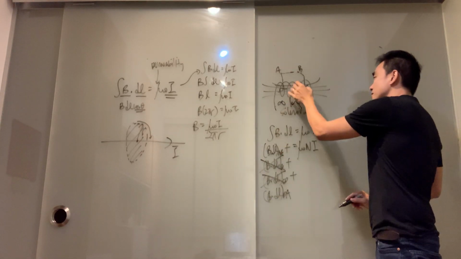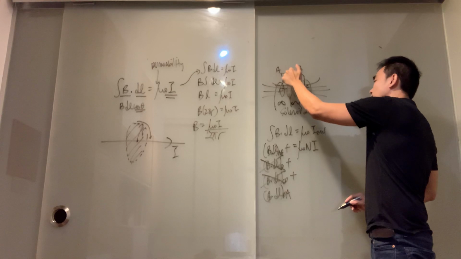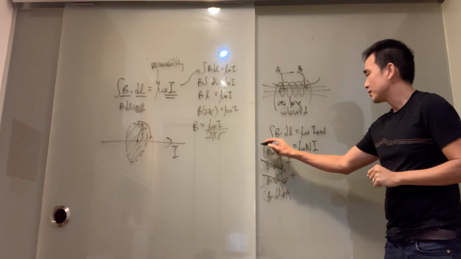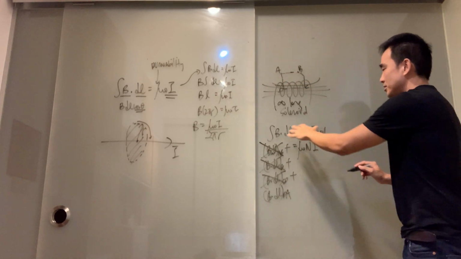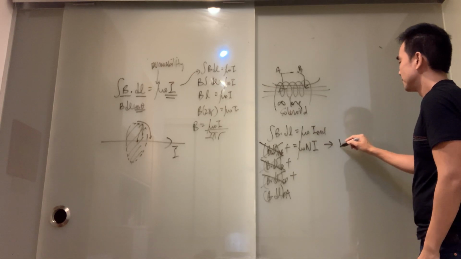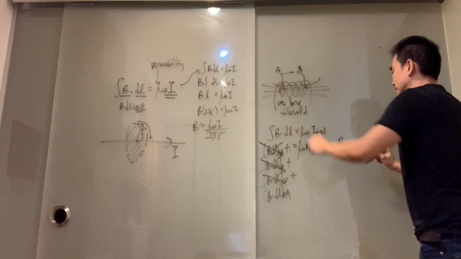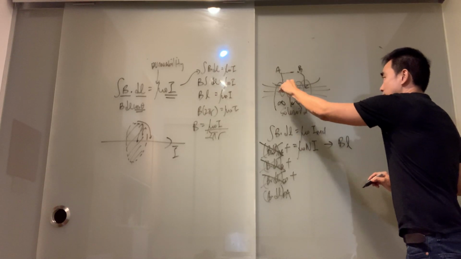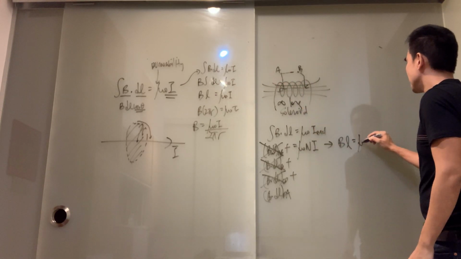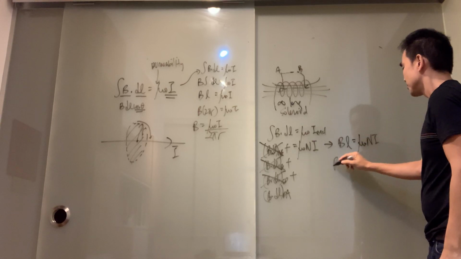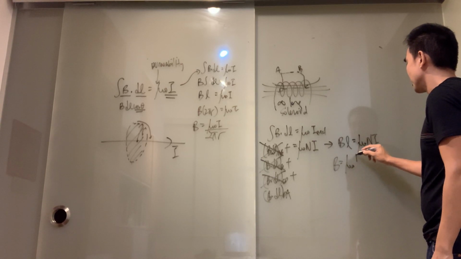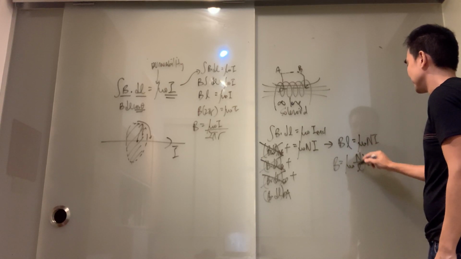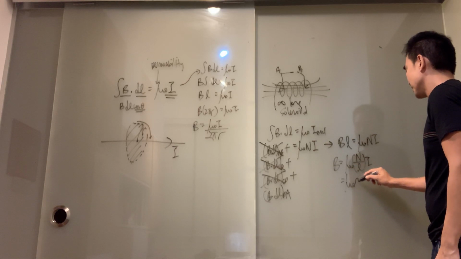Next, I said that it is an infinitely long loop, so the field over here is 0, so B over here is 0. Therefore, this whole integral becomes B over here times the length of the Ampere loop over here equals mu naught n I. So B is simply equal to mu naught n I.